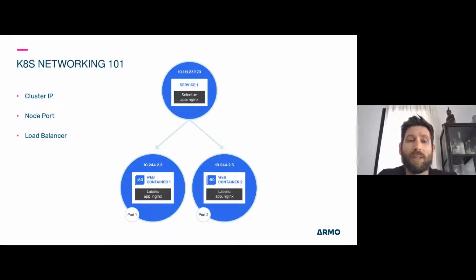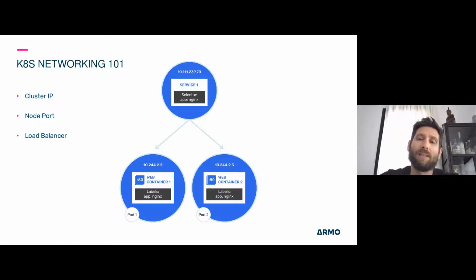The second option is node port. The idea with node port is that this is a service that can be accessed from the outside, from the internet, and Kubernetes assigns a port, usually a high port, on the worker node in Kubernetes.